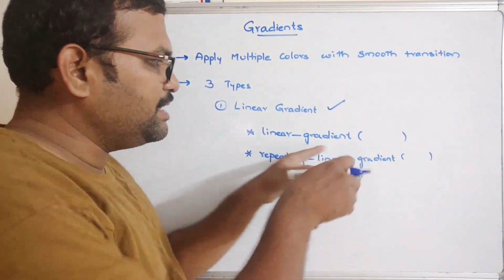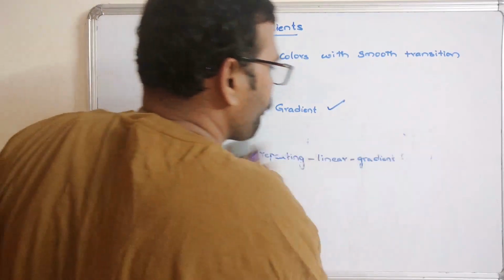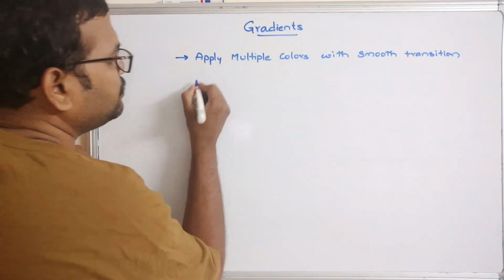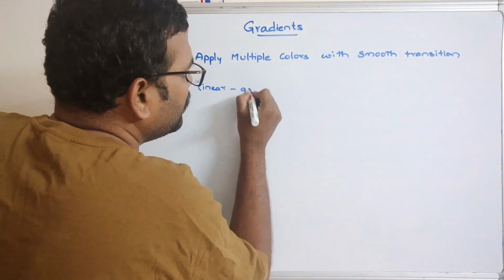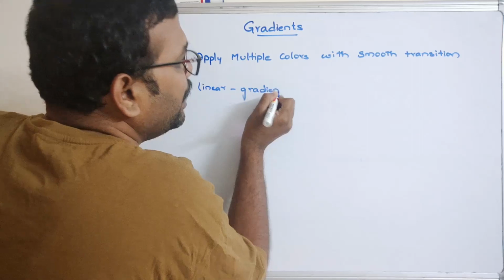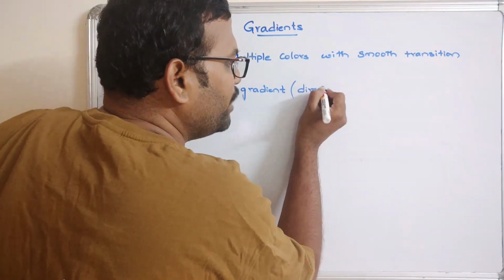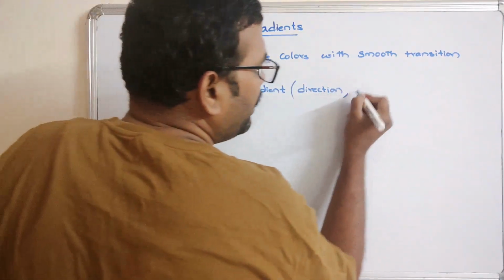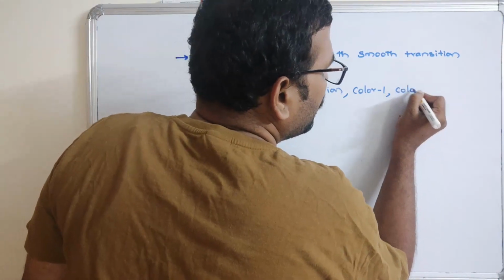Now let us see the syntax of this linear gradient. Linear gradient, and here the first parameter is the direction, from which we have to apply the gradient, and then we have to give color 1 and color 2.